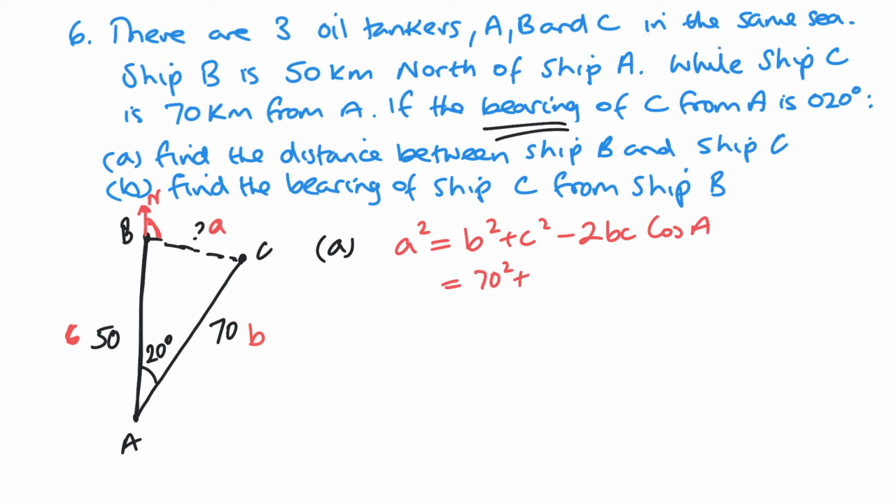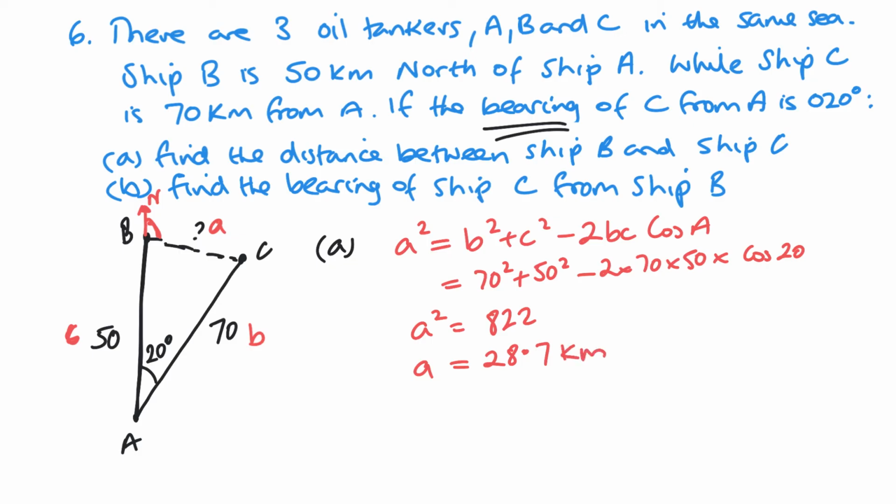That's 70 squared plus 50 squared minus 2 times 70 times 50 times cos 20. And that gives me 822. And don't forget to then take the square root, which will give me 28.7 kilometers.